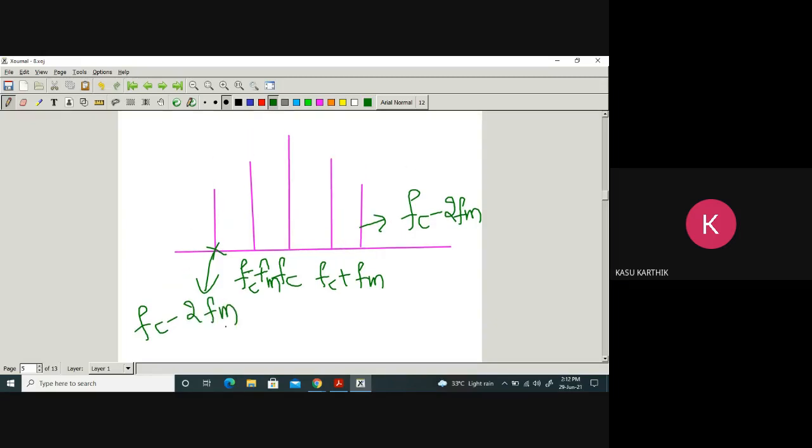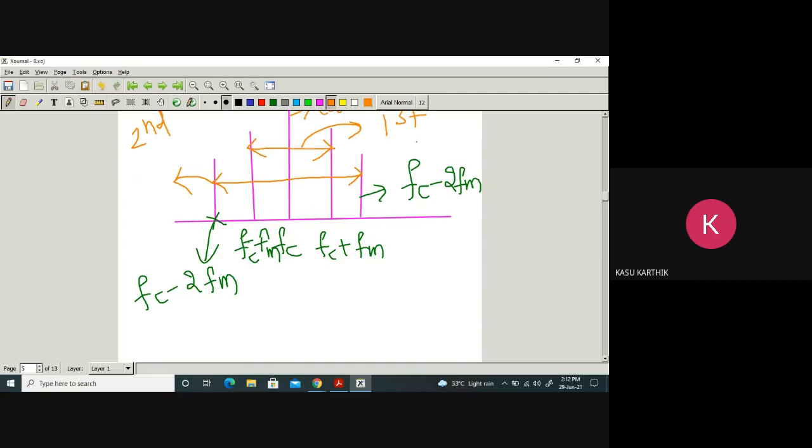Here we have two pairs of sidebands. These two are the first pair of sidebands. This is the carrier. And these two are the second pair. Now what is the bandwidth? We have two pairs of sidebands.